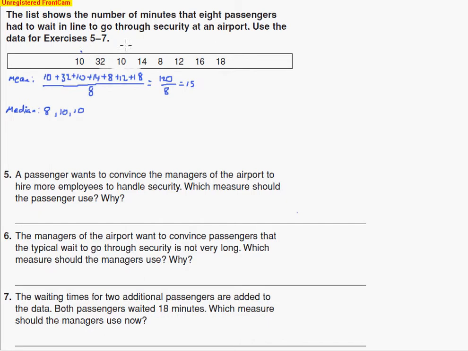And I'm going to put a little dot above the ones I've used. And then the next number is going to end up being 12. Looks like 14 is next. Then I see a 16 and an 18, so I got those. And the last one, ooh, wow, 32. That was a long wait. So go ahead and put those numbers in there.